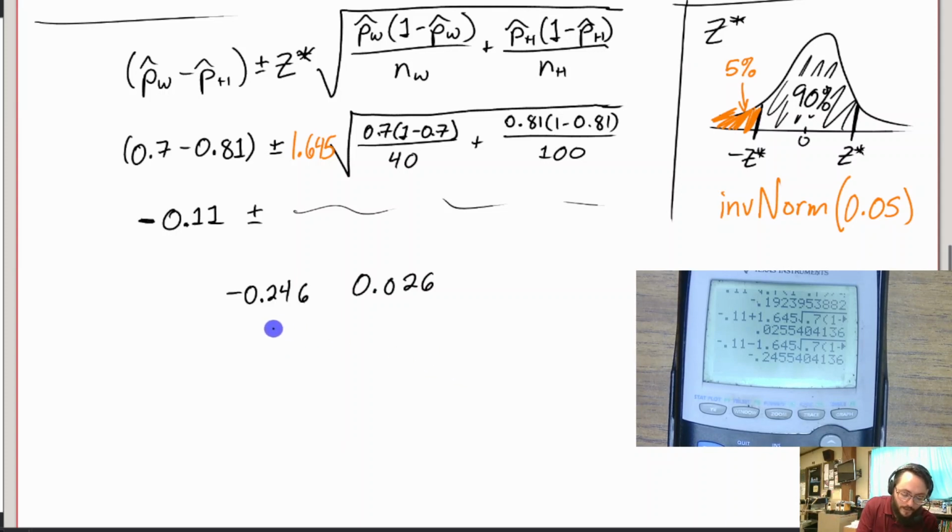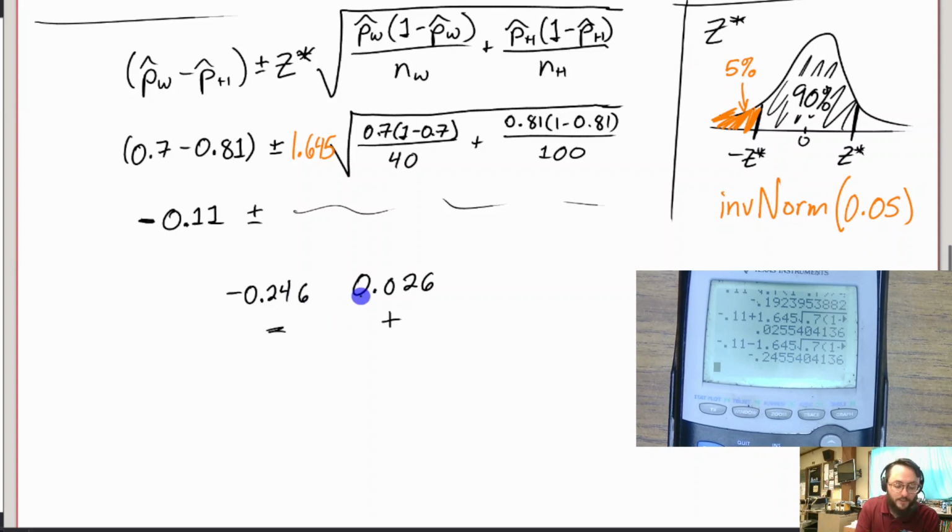Now, notice we are going from a negative to a positive, right? This is now saying that we are 90% confident that there's no difference between the two proportions, right? Because in between a negative and a positive number is 0. Right?